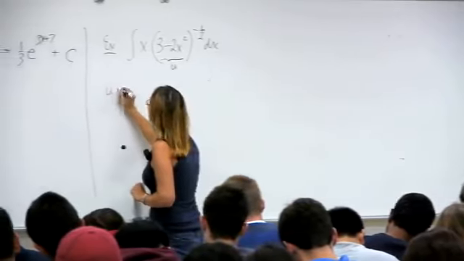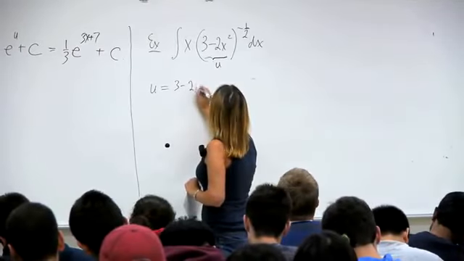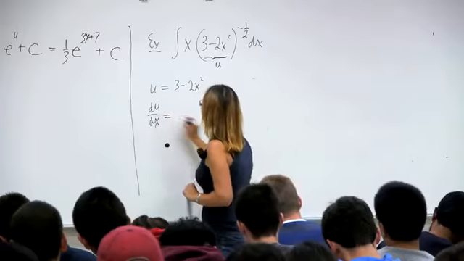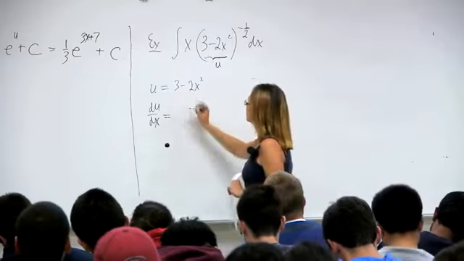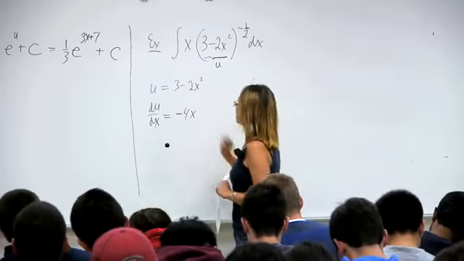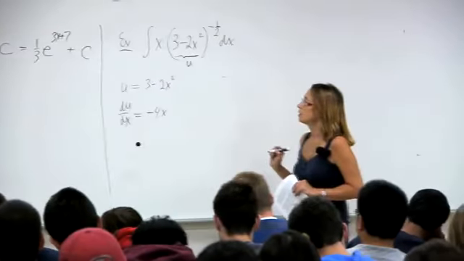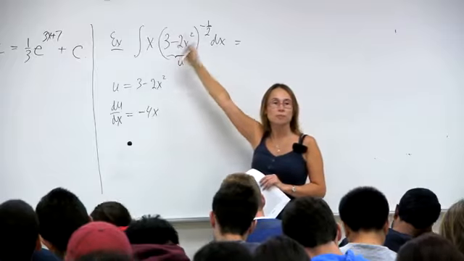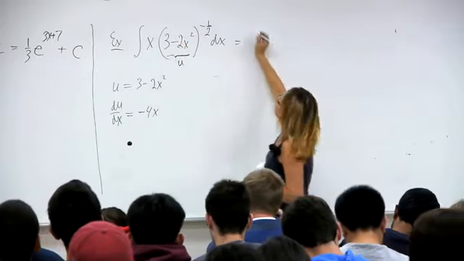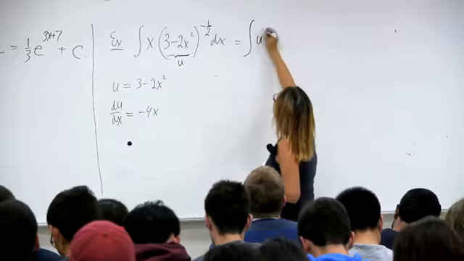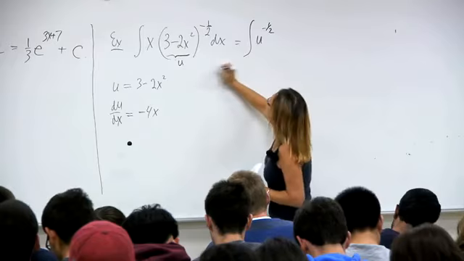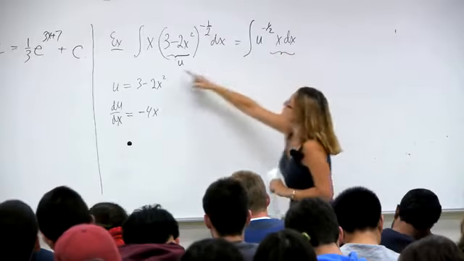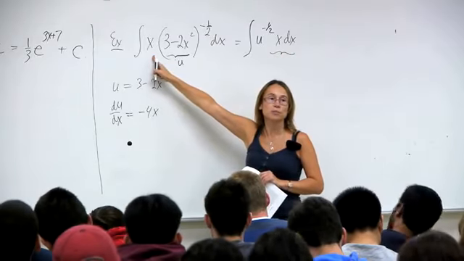So we write down u is 3 minus 2x squared. And as the next step, automatically, we differentiate it. So 3 gives me nothing, so I have du equals minus 4x dx. Now I have to express this whole thing in terms of u. Let me start. So I have u to the minus 1/2. That's this. And then I have x dx that remains from the original integral.